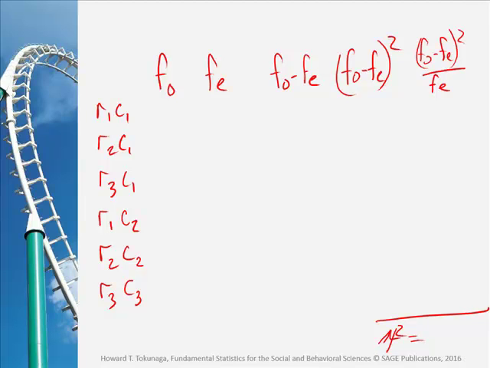So that way I could say, all right, in row 1, column 1, I observed 15. I expected 10.5. The difference between the two is 4.5, right? I would go through and do it this way. It'd be nice and neat and clean, and I can do my simple math in order.